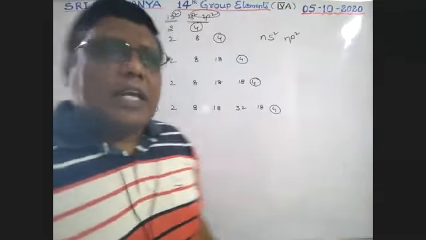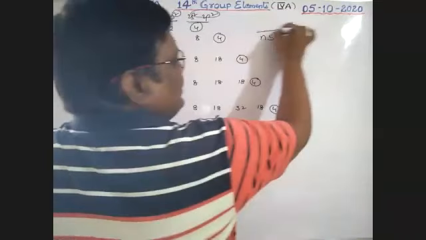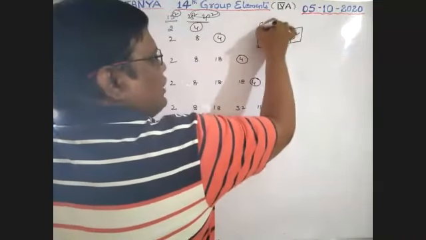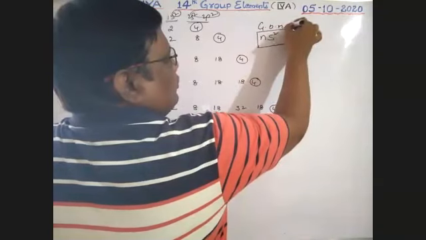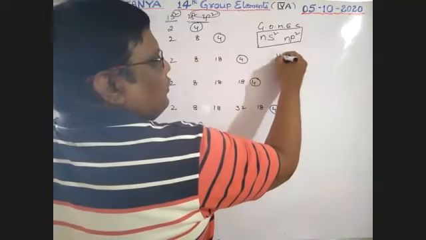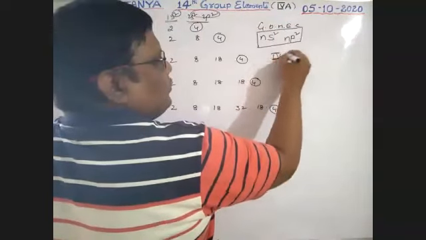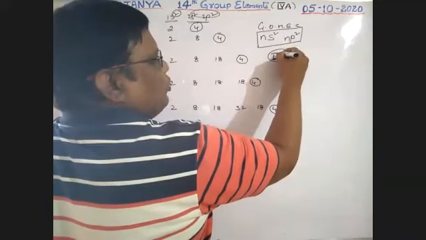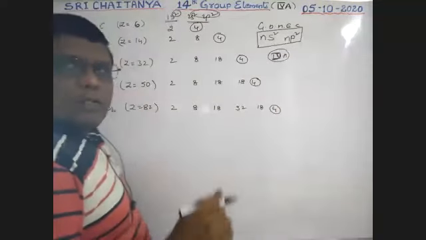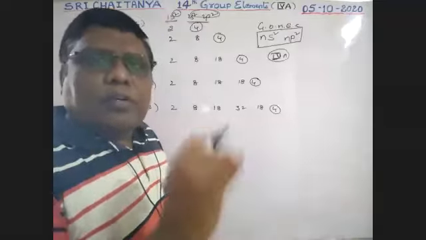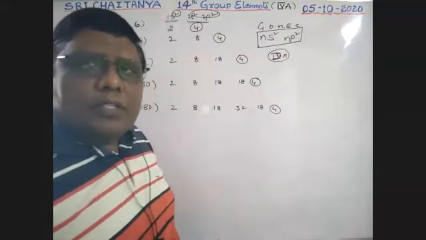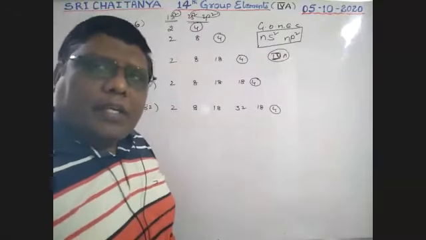That's why it is considered 4th A group elements. So this is about the elements: carbon, silicon, germanium, tin, lead.